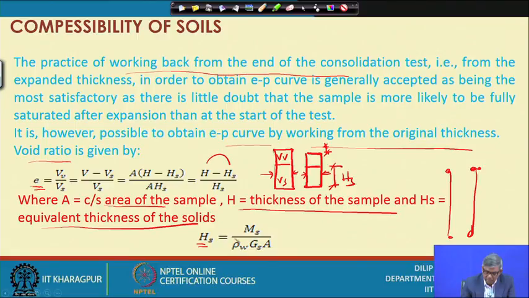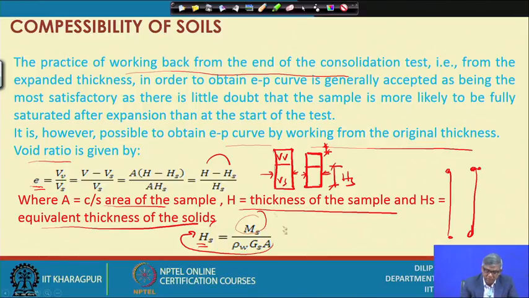So, that is what actually Hs equal to total mass divided by rho W Gs into A. So, that means Hs can be calculated by this, if you know the mass, rho W, Gs and A. Or we can say the volume A into Hs will be Ms by rho W Gs, and so Hs if I take, then Ms over rho W Gs into A.